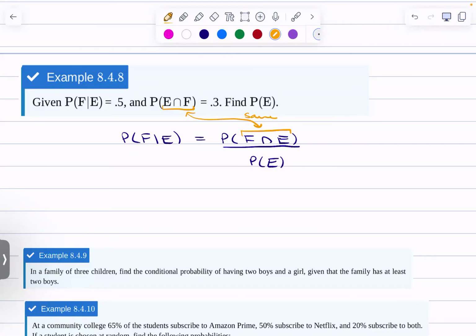So if I want to find the probability of E, I still have 2 out of the 3 things. They're just a different 2 out of 3.